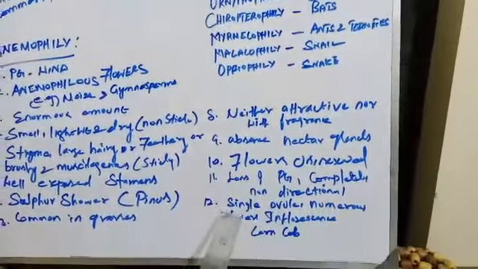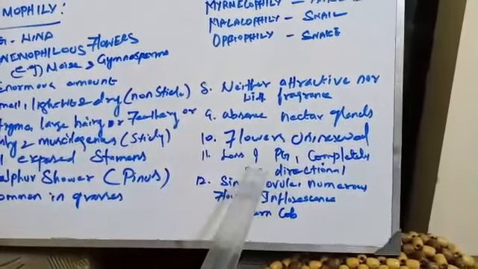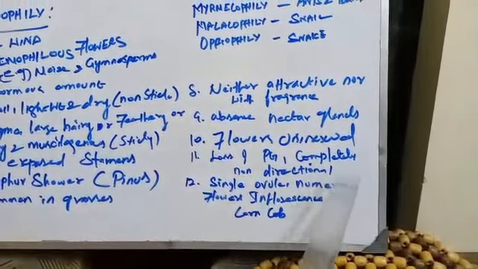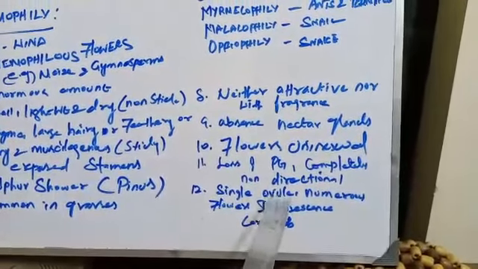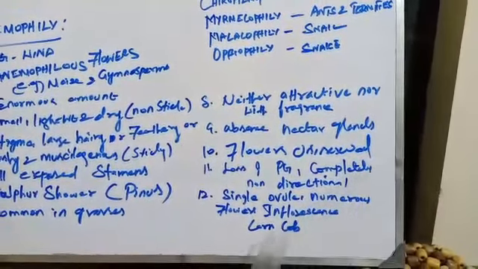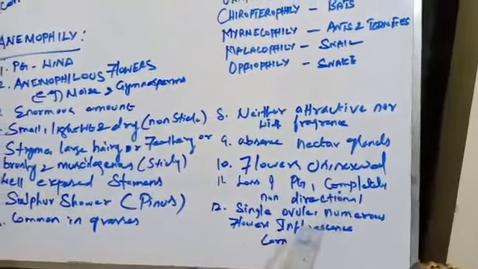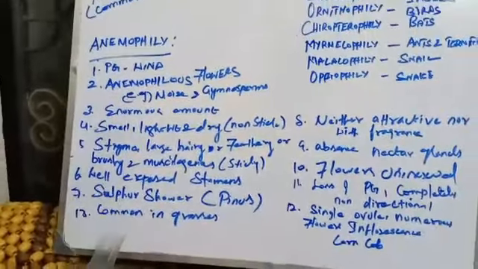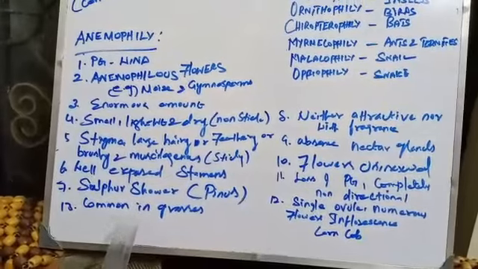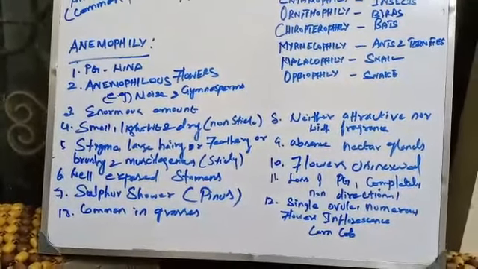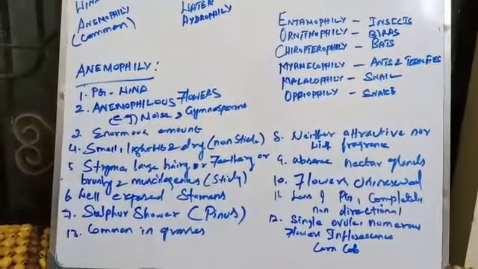Only a single ovule is found in the ovary. In this type, numerous flowers are packed as an inflorescence. Example is corn cob. This type of pollination is most common in grasses.